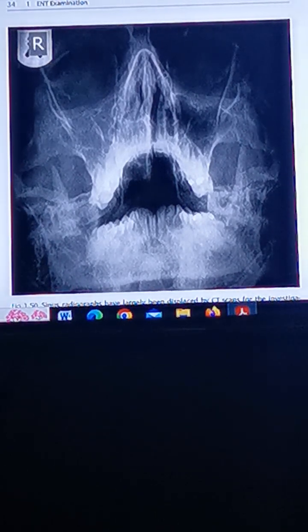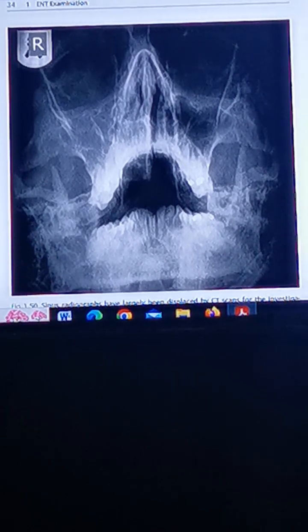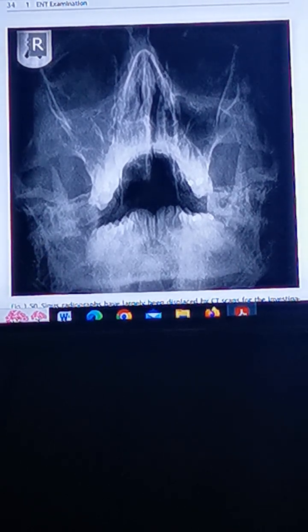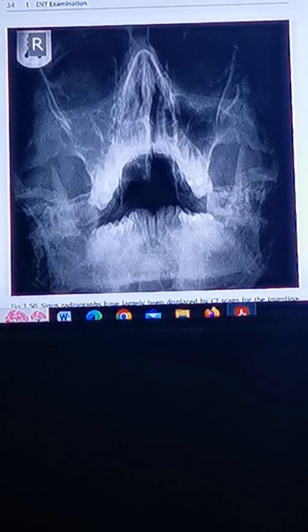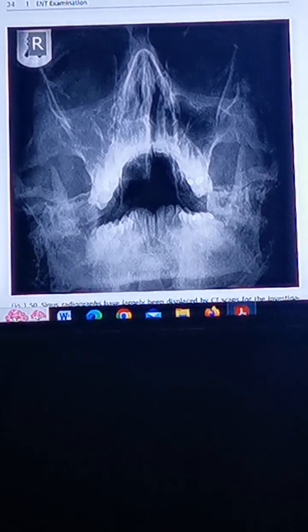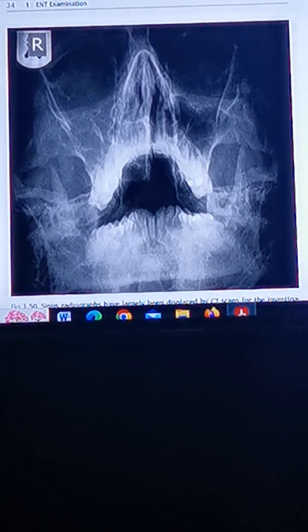It's called the occipitomental view. Occipito, this is the occiput, and this is the mental. The patient is always asked to open his mouth during this, so it is also called the cardinal view. Okay, occipitomental view.